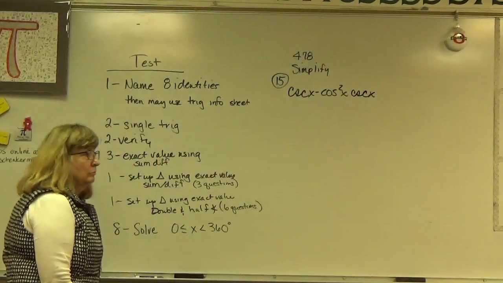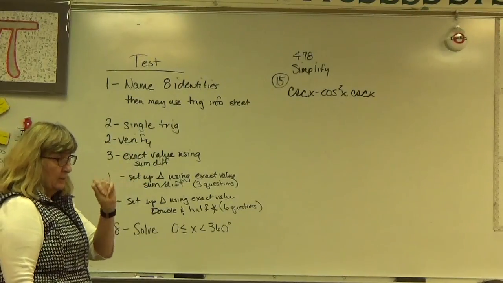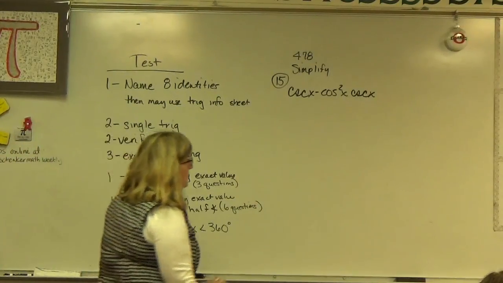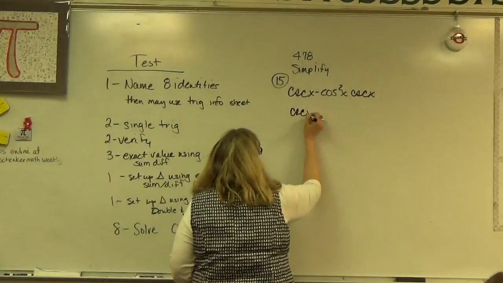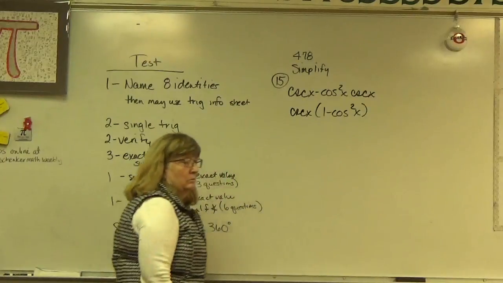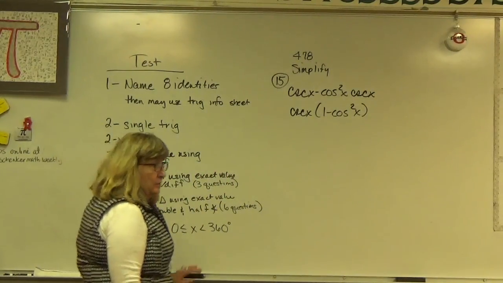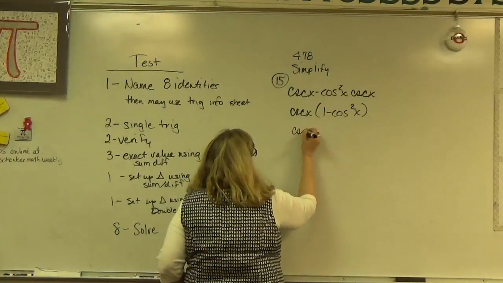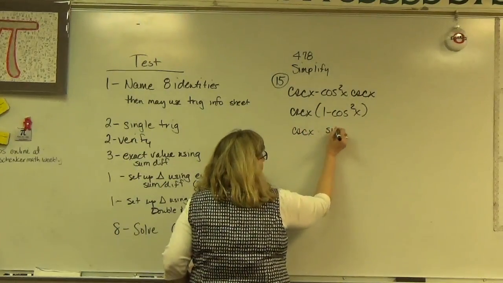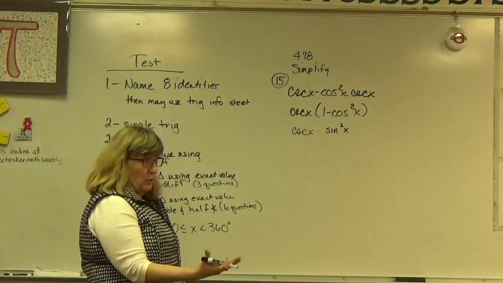Make them sines and cosines. You could do that. I see something I like better, Becky. Take out cosecant. Factor out a cosecant. What is 1 minus cosine squared? Sine squared. And now remember, after your 8 identities have been graded, then you can use your trig information sheet.